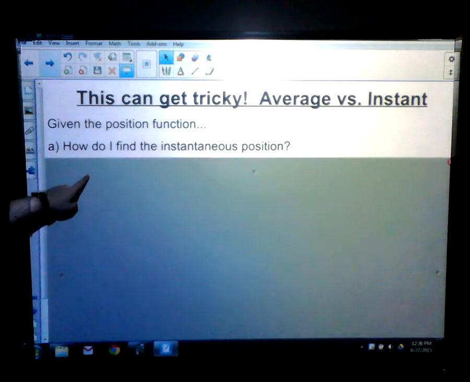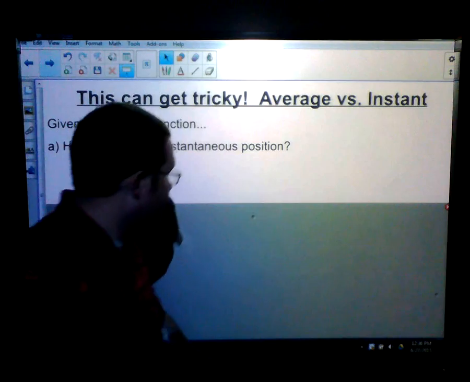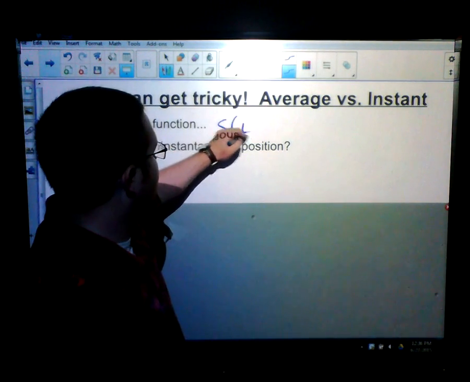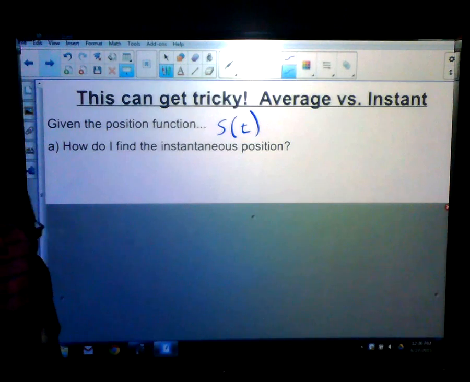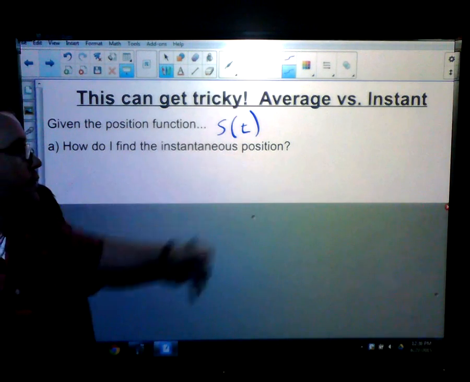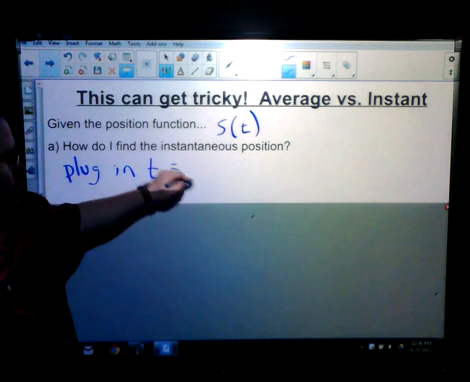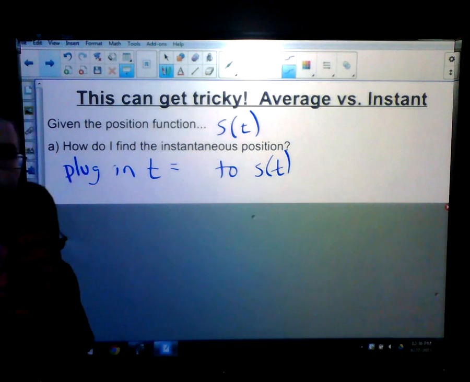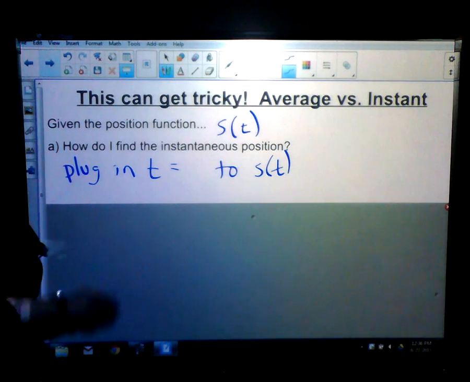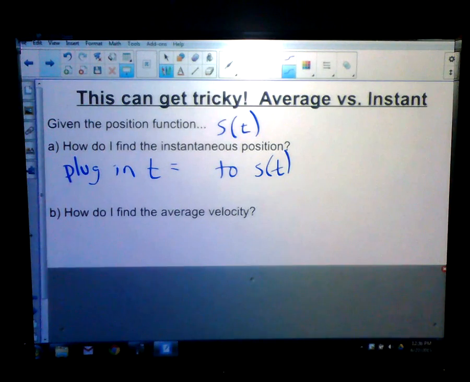Average versus instant. If I have position, so I have S of t, how do I find instantaneous position? Well, I have position, I want position, I just plug in t equals to position. Really easy concept. If I want to know where I am at 5, I plug in 5. How do I find average velocity?